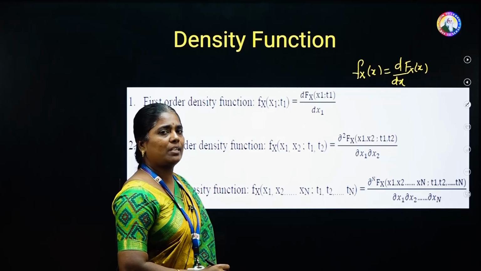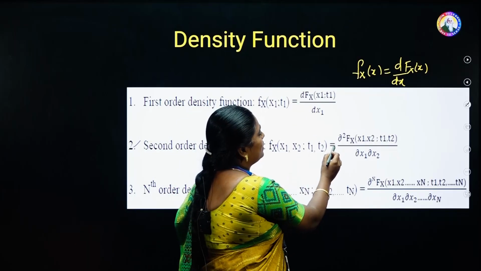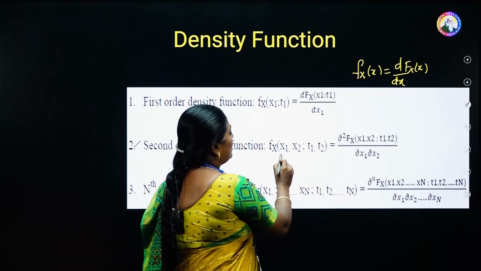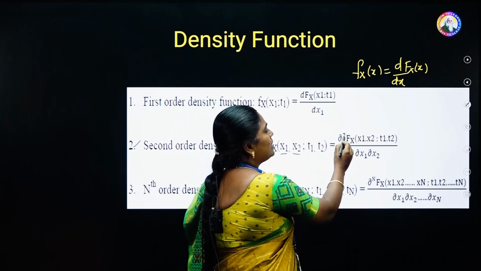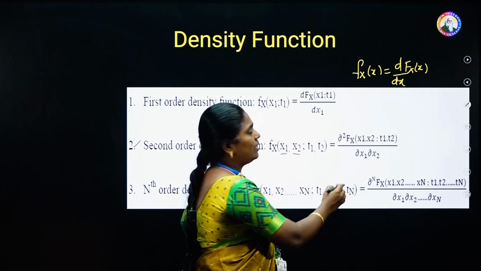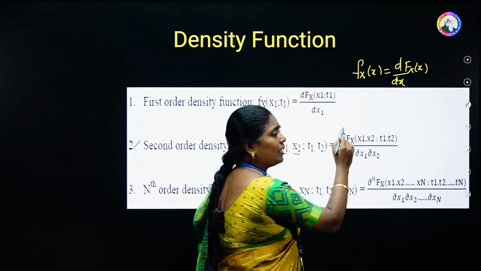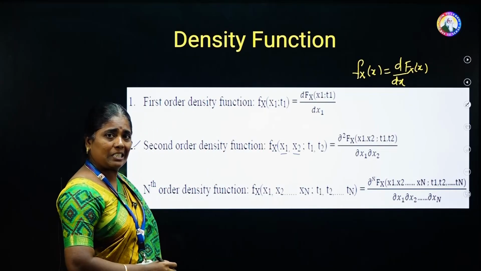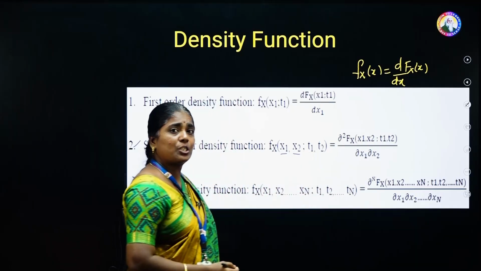For that, I am going to take the partial derivative, so instead of writing d we go for dou, that is dou square by dou x1 dou x2. One is for x1, the other is for x2, of the second order joint distribution function indicated as capital Fx of x1 comma x2 semicolon t1 comma t2. Thus finally, the second order density function is equal to the two times partial derivative of the second order distribution function.